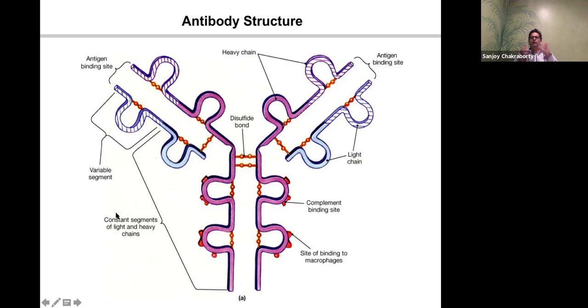Let me give an example. Let's say there are 5 car companies that make cars: Toyota, Honda, BMW, Mercedes, and Nissan.